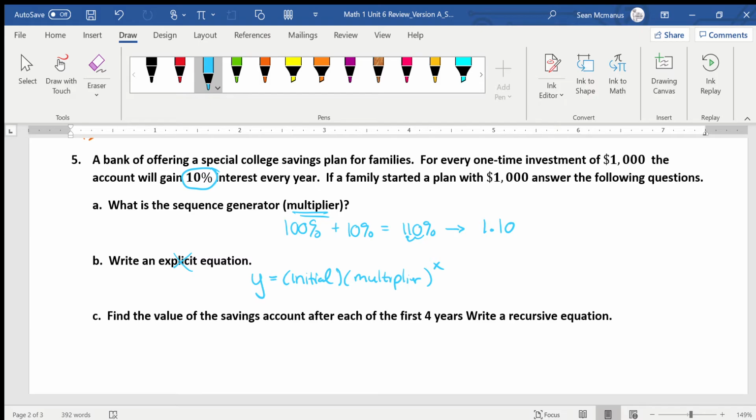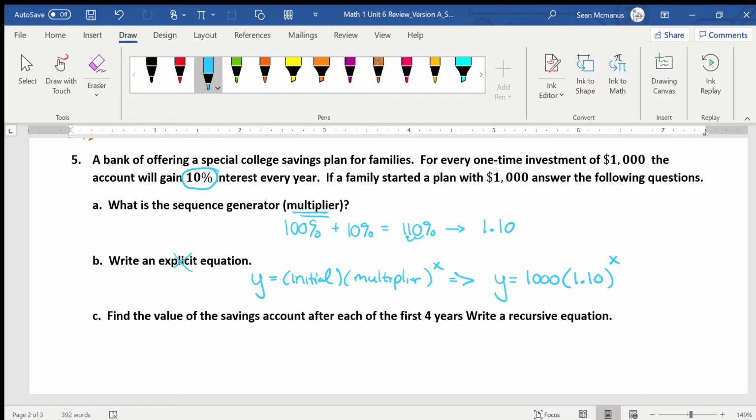And this is a sequence. The initial amount would be t of 0, and the multiplier would be the r. It's really the same thing, but I like to think of it this way. So for this problem, y equals the initial amount, $1,000, times the multiplier, which we said was 1.10, to the x power.